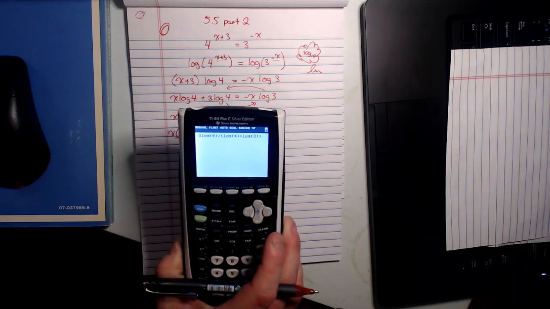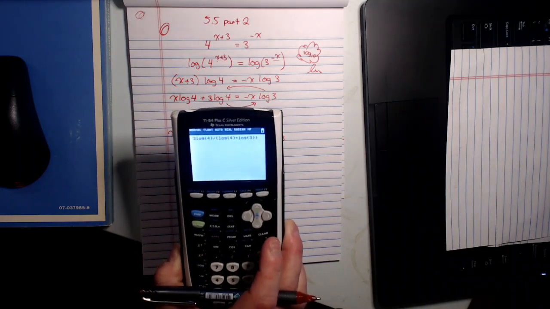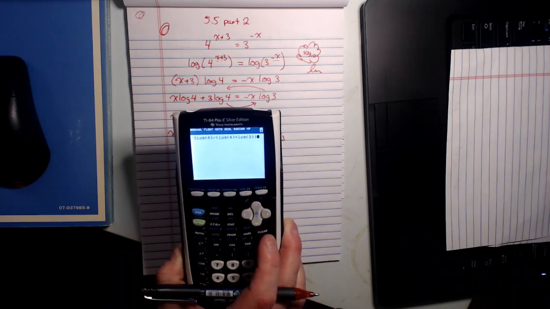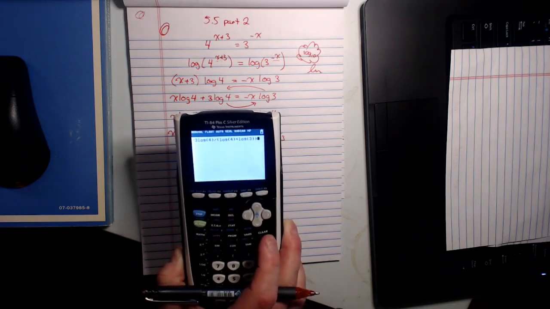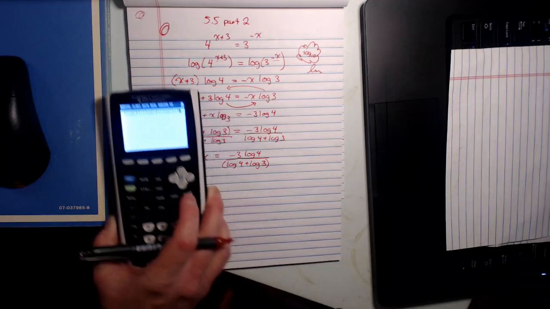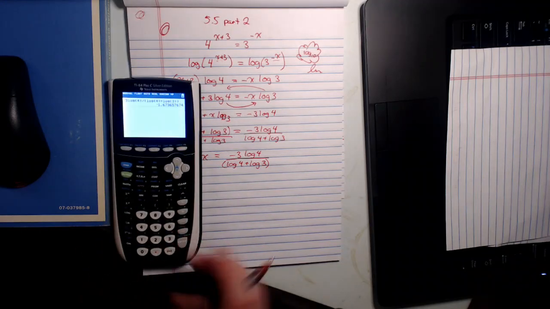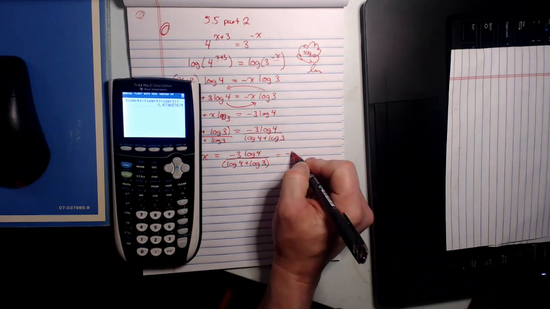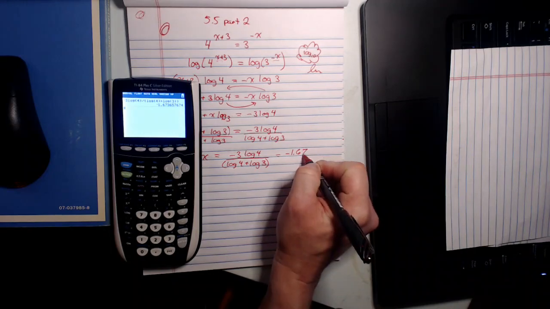Remember, using these parentheses is really important to do it exactly this way. Otherwise, you'll get incorrect answers. Pressing enter, I'm going to get negative 1.67.